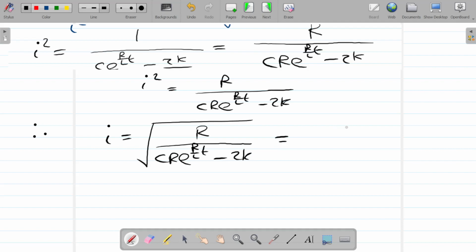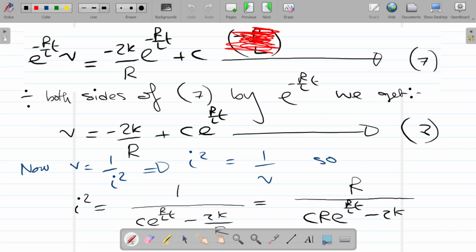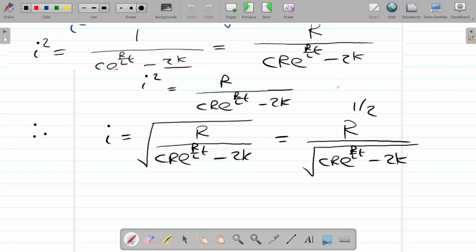And you could write that as R to the power a half, all divided by the square root of C R e to the R over L t minus 2K. And we want to give the equation a label. So that was equation 9, and so this is equation 10.